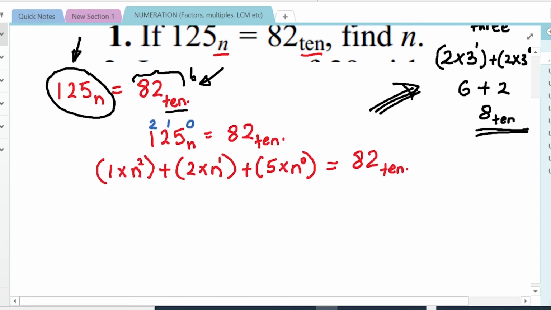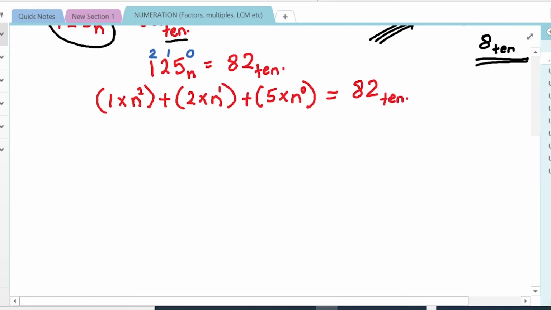So now we continue with our working. This is going to become 1 times n squared, that is n squared, plus 2 times n, which is 2n, plus 5 times n to the power 0. Any number to the power 0 is 1, so 5 times 1 is 5. That is going to be equal to 82 base 10. Even if we do not put the base 10 now, let's proceed like that. Now you realize that we are ending up with a quadratic equation, n squared plus 2n plus 5 is equal to 82.